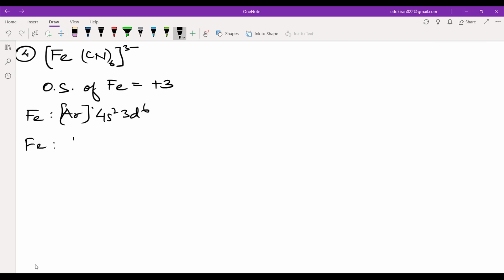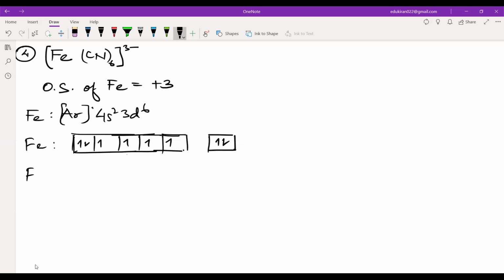So Fe without any oxidation state has 3d first, with 1, 2, 3, 4, 5, and then you have the 4s. Here 4s will have 2 electrons and the 3d will have 6. Then we write for Fe3+.